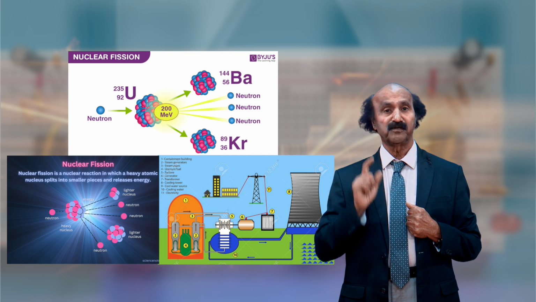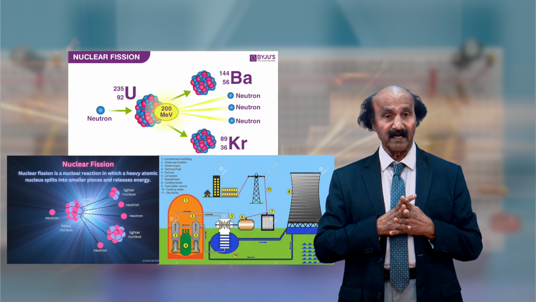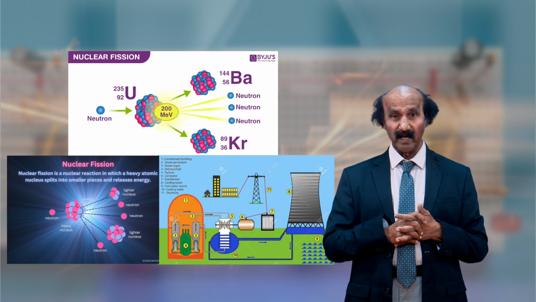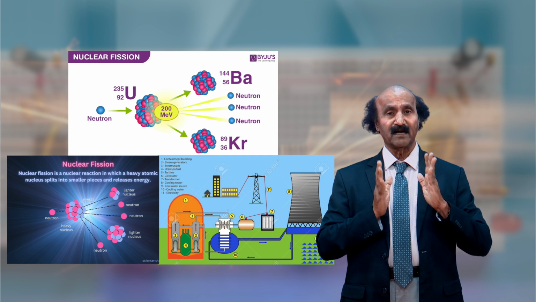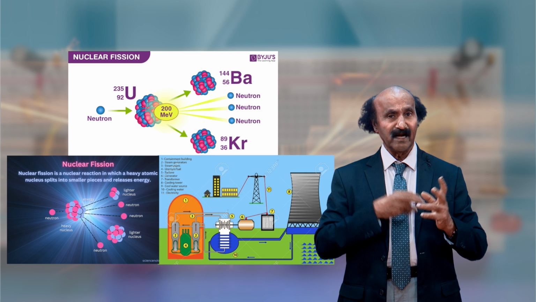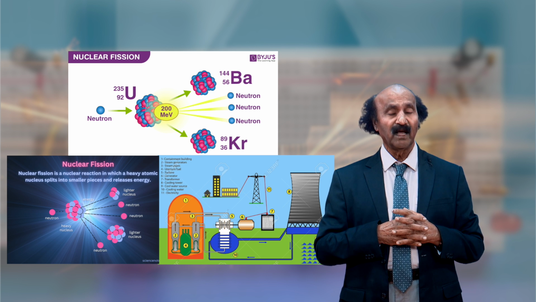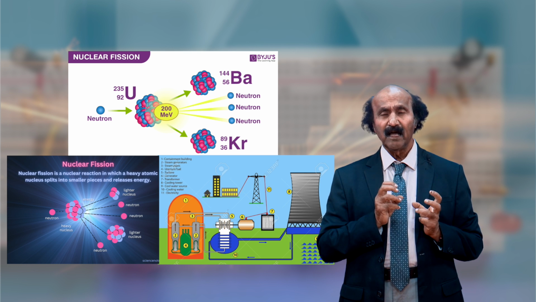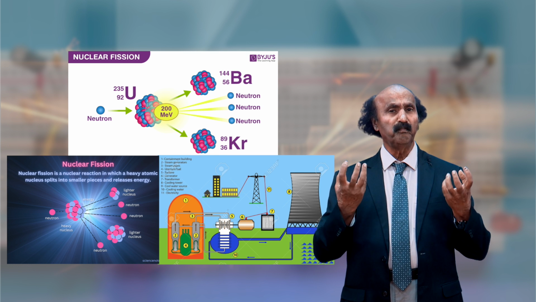Now, nuclear fission means, you must have studied in your college days and school days, heavy atoms like uranium, they split up. They keep on producing radioactivity. Not only that, they can be easily made to split up into two big chunks.